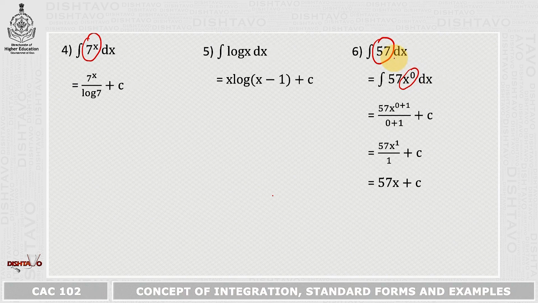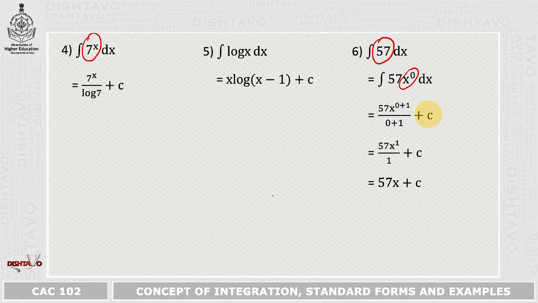So we can write 57 as 57 x raised to 0. And then use the first standard form, that is x raised to n. We have 57, x raised to 0 plus 1. You add 1 to the power, divided by 0 plus 1.